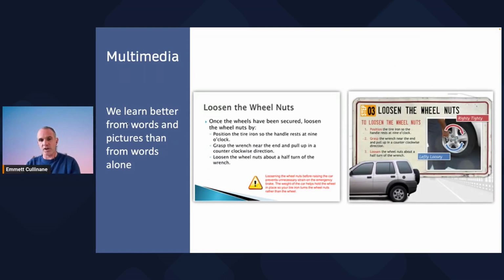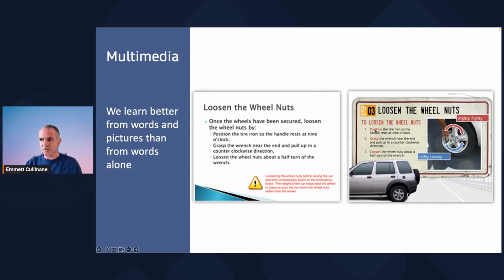So this one on the right is the exact same words. The words are exactly the same. Do you see that? Position, grasp, loosen. But now they've included an image. So in this one on the left, your mind is trying to imagine where the 9 o'clock is. Imagine where the wrench is. Imagine loosening the nuts. Over here, you don't have to imagine. You can just see it.